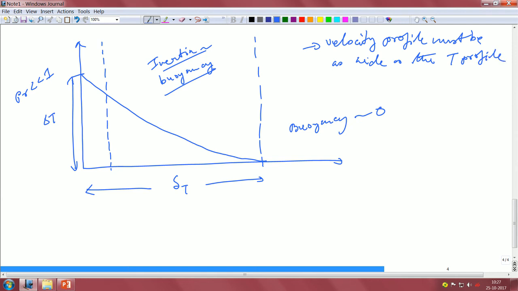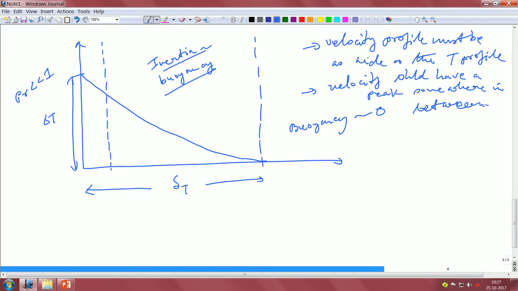So, naturally this dictates that the peak of the velocity would be somewhere in between these two limits, 0 and delta T. In this limit the velocity must be maximum at some particular location. So, velocity should have a peak somewhere in between, has to be.